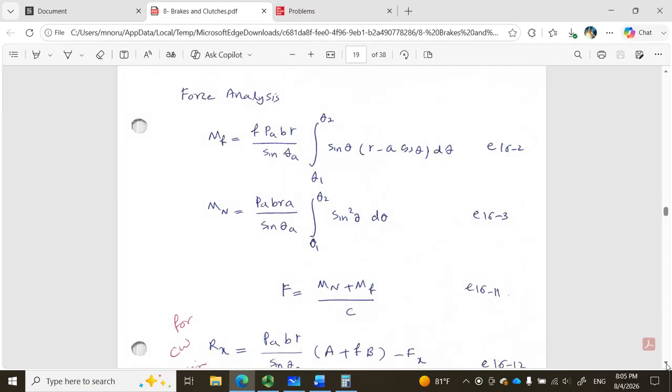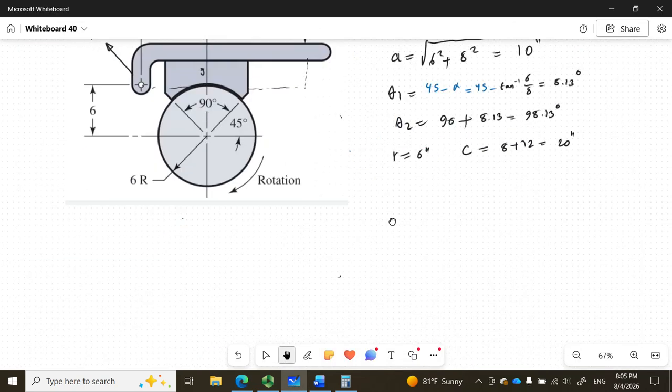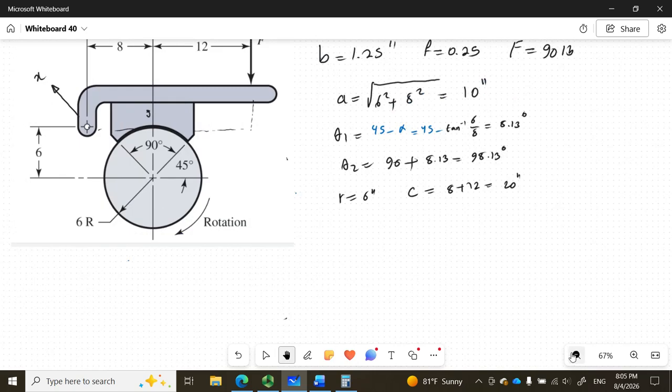Alright, so let me see what this guy is doing. Alright, so MF, the moment caused by the friction force on the shoe. This is the equation. Let me see if I can remember this and rewrite it here. Let's make this a bit smaller.